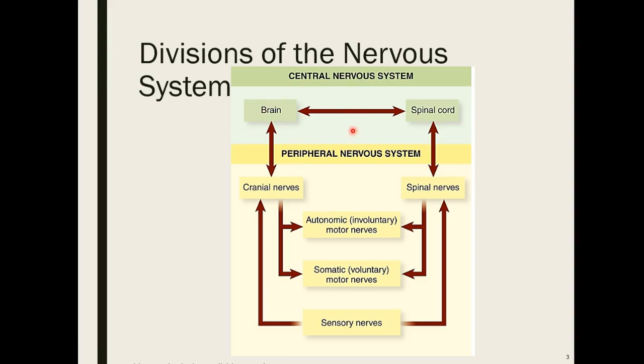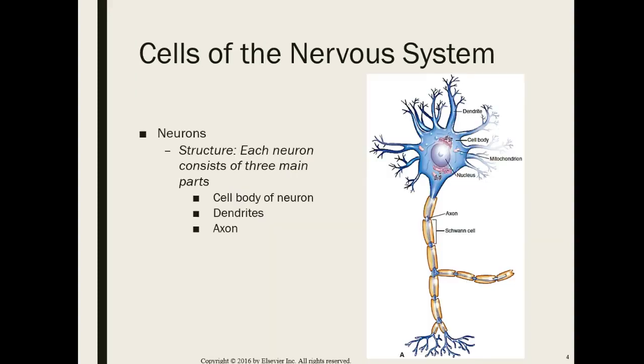So all of the nerves are going to branch off of the central nervous system to form the peripheral nervous system. So from the brain, we have the cranial nerves, and from the spine, we have the spinal nerves. Those then communicate with each other, eventually sending those messages back up to the central nervous system.